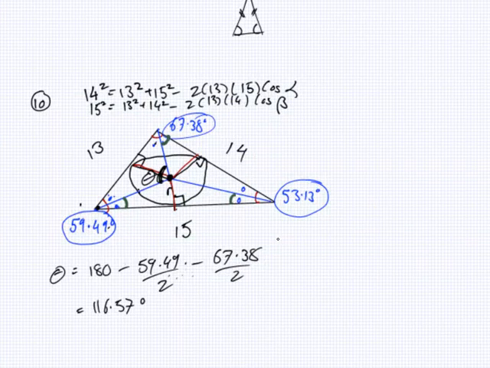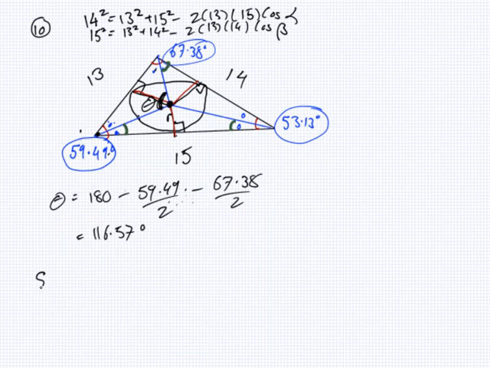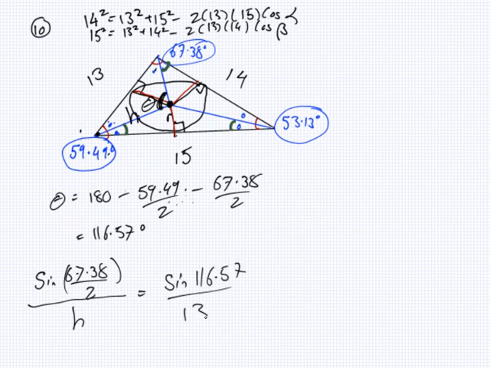Sine rule time. Sine 67.38 over 2 over h, I'll call this side h, equals sine 116.57 over 13.